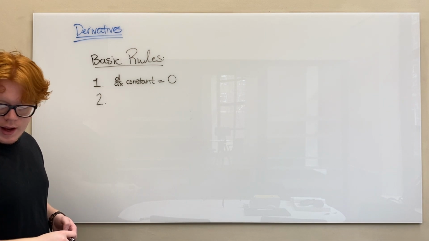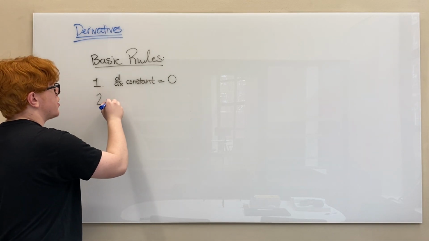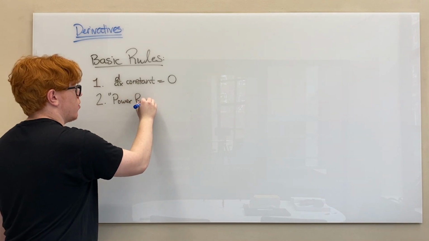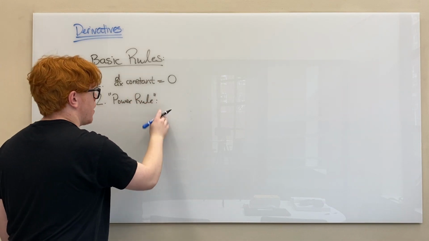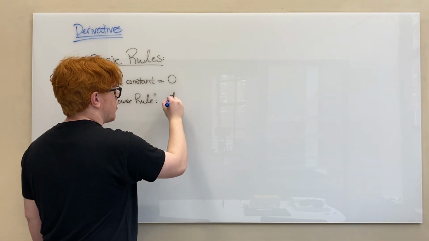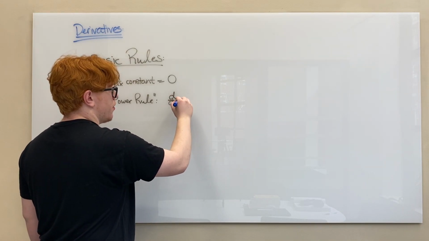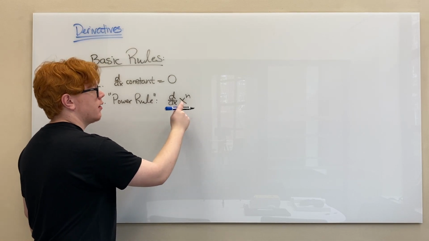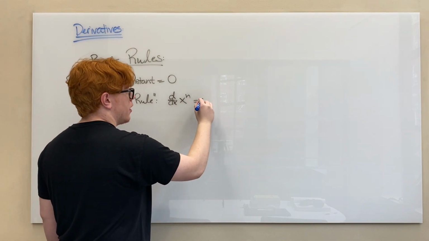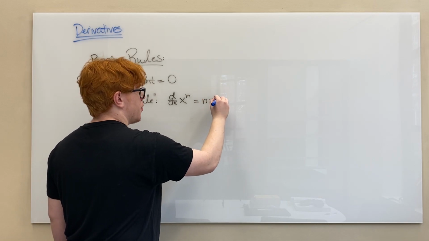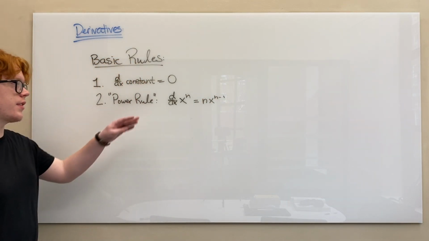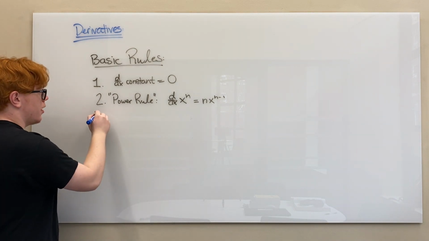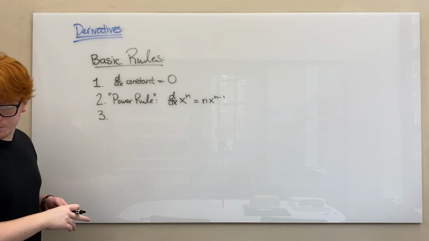Next, and you're going to love this one, this one is called the power rule. The power rule just says that if you have some function, essentially a polynomial, x to the n, the derivative of that is n x to the n minus 1. We'll go over some examples using these rules in a second, so don't worry too much. That's the power rule.